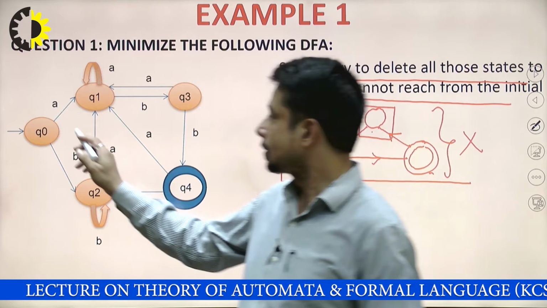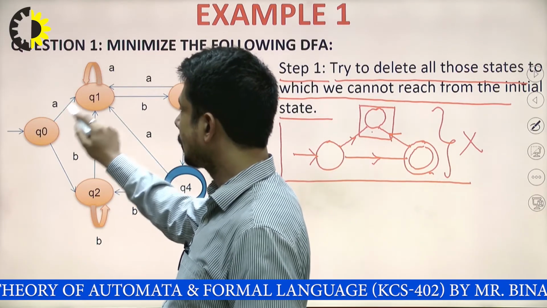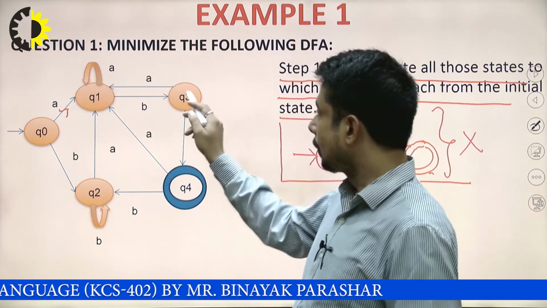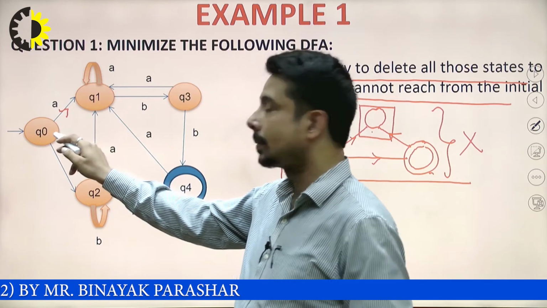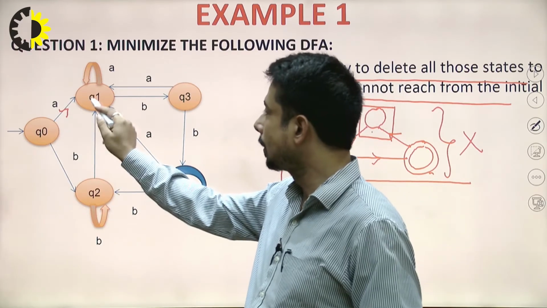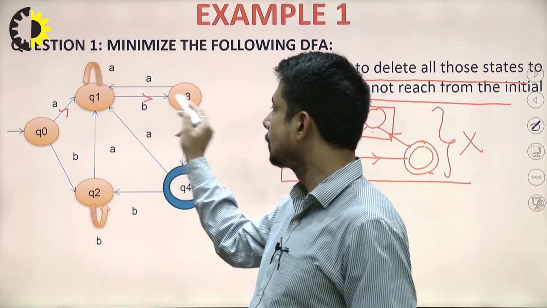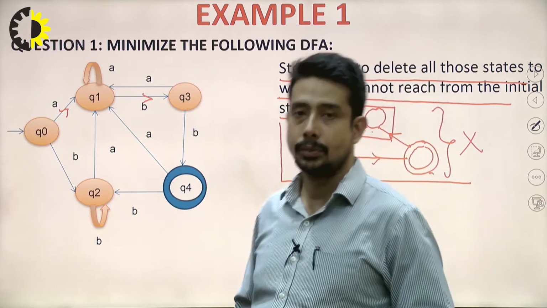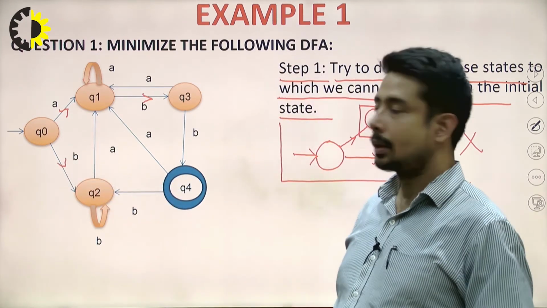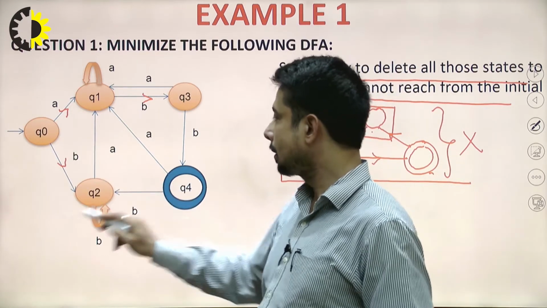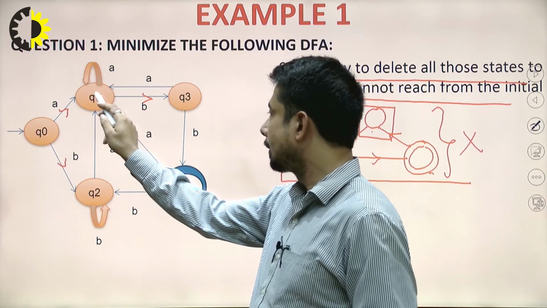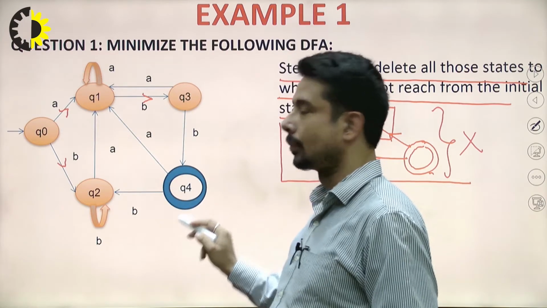Look into the Q1 state. From Q0 to Q1 there is a direct transition, so it is reachable. Q3 is not directly reachable from Q0, but through Q1 we can reach Q3. From Q0 to Q1 there is a transition, from Q1 to Q3 there is a transition, so Q3 can also be reached. For Q2, there is a direct transition, so Q2 can be reached. Q4 cannot be reached directly from the initial state, but it can be reached through Q1, then Q3, then Q4.